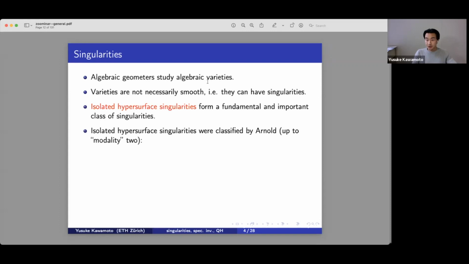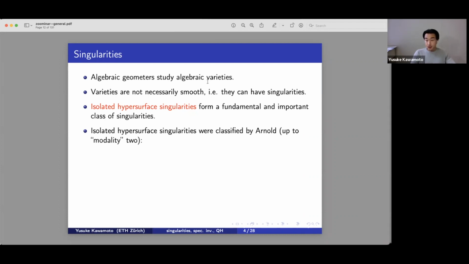And Arnold classified these isolated hypersurface singularities up to modality 2. To an isolated hypersurface singularity, you can assign a non-negative integer called the modality, which roughly speaking explains the complexity of the singularity.